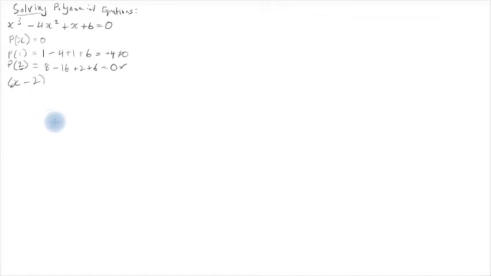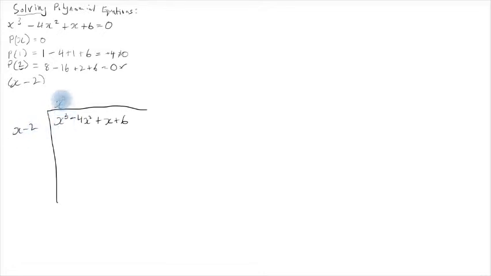So let's write it down properly. We've got x cubed minus 4x squared plus x plus 6, and we're going to divide that by x minus 2. So how many x minus 2's are there in x cubed? Well, we've got at least x squared of them.